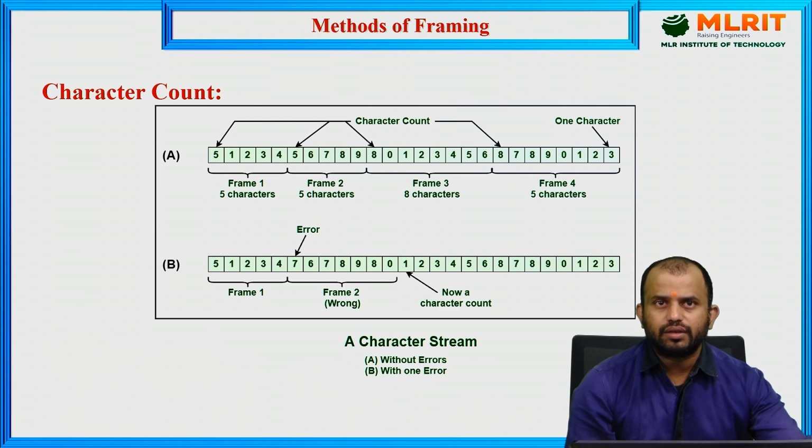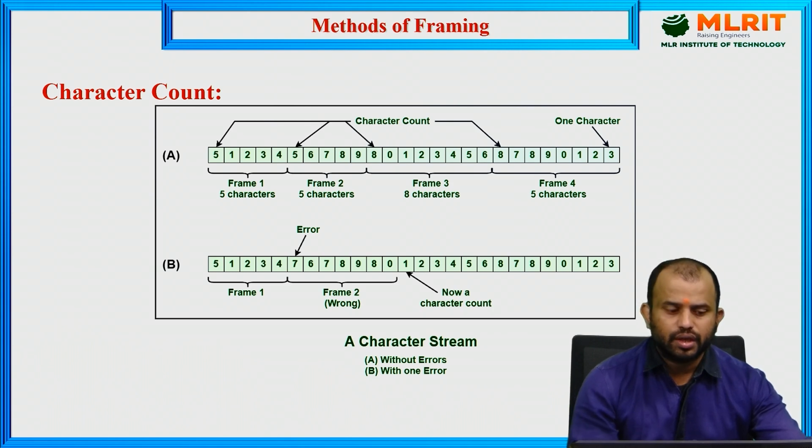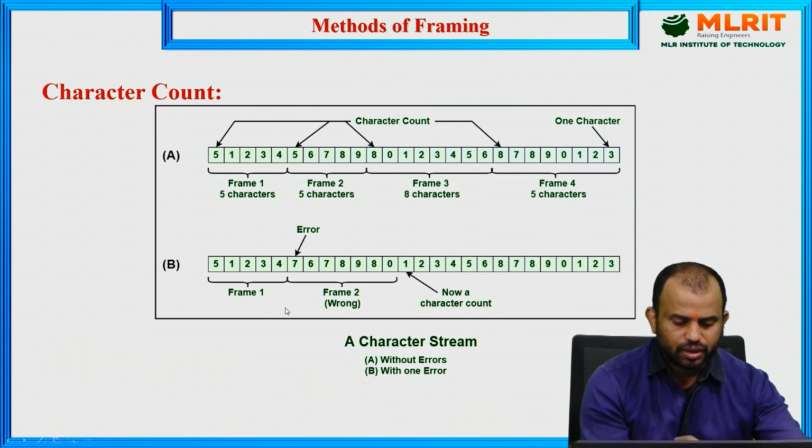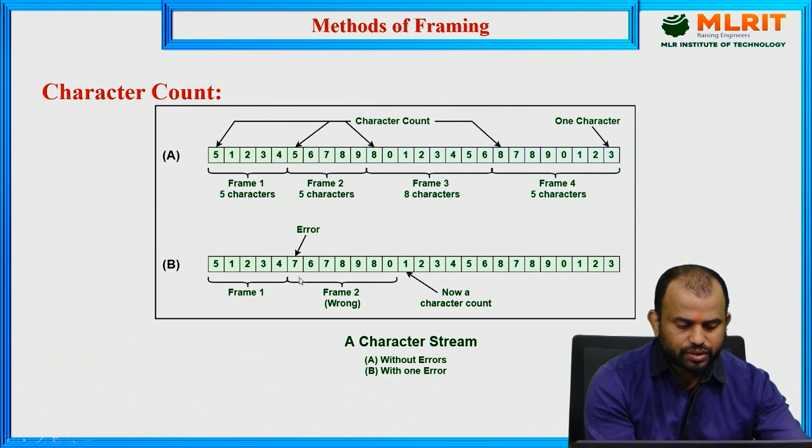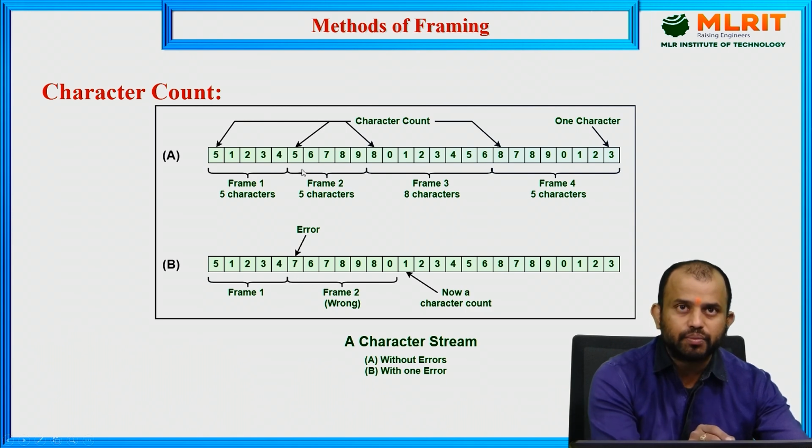But due to some issue, maybe a flow control issue or an error control issue, frames can get damaged while the information is transmitted from source to destination. Frame 2 contains 5 characters, but here frame 2 starts at 7 instead of the 5th point.